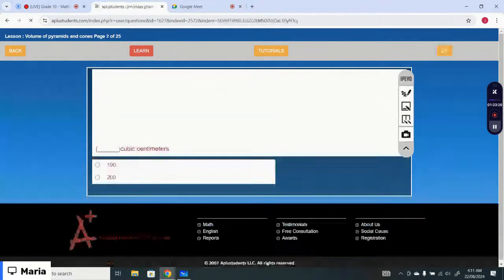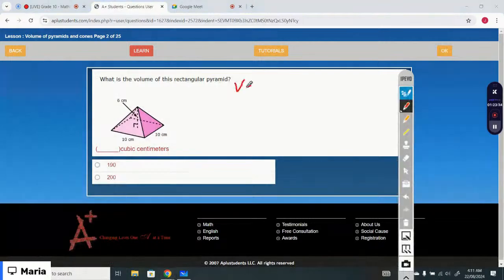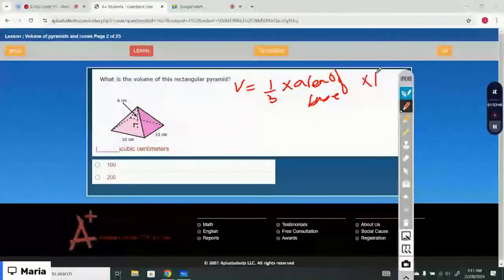Okay, the next one is, what is the volume of the rectangular pyramid? So for the volume of the rectangular pyramid, we have to use the formula, that is V equals 1/3 times the area of base times height, right?